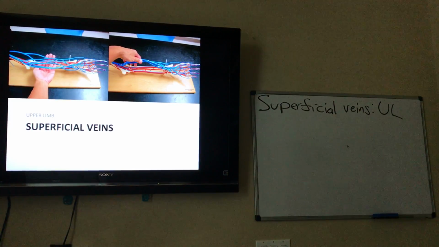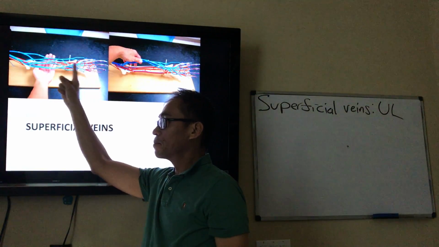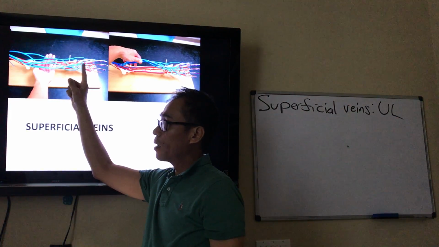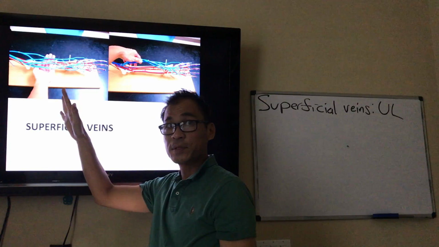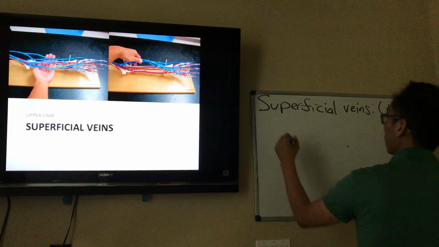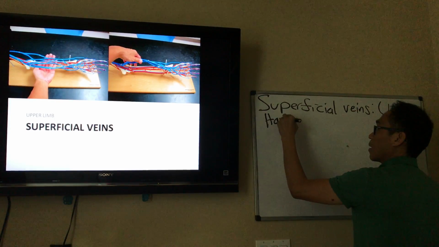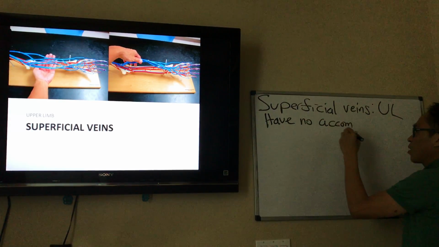Notice that the superficial veins, my hand is underneath all the superficial venous system. Notice there's no accompanying arteries with these superficial veins for protection. We want arteries protected. So they have no accompanying arteries.